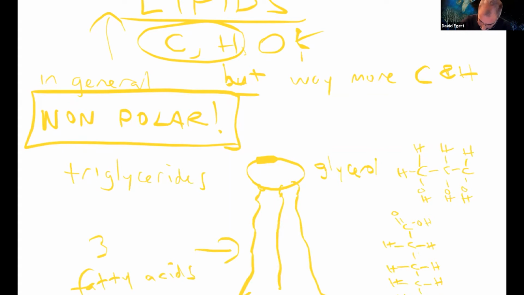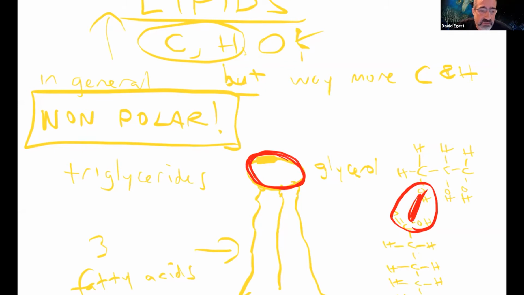And basically, this kind of bonds there. So you end up having, in a more cartoony way, the glycerol as the attachment point, and then these fatty acid hydrocarbon tails hanging off there.